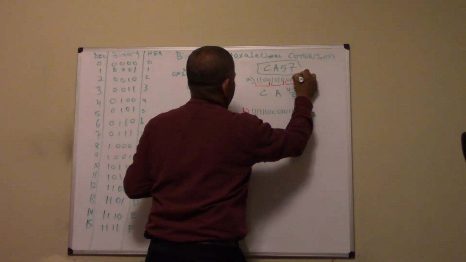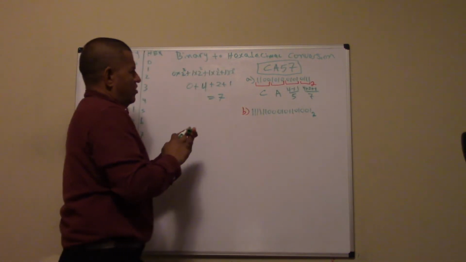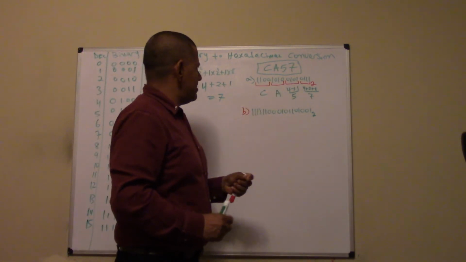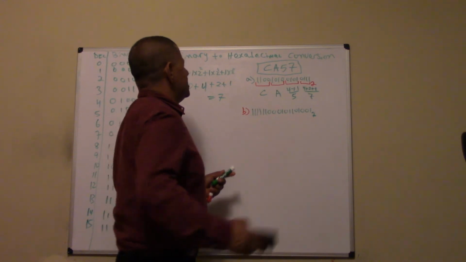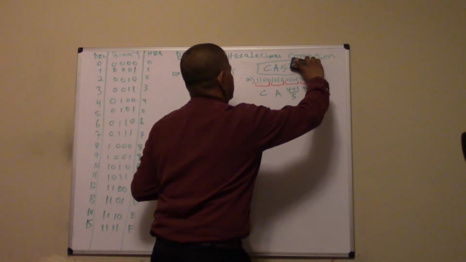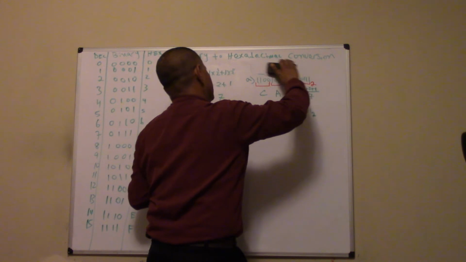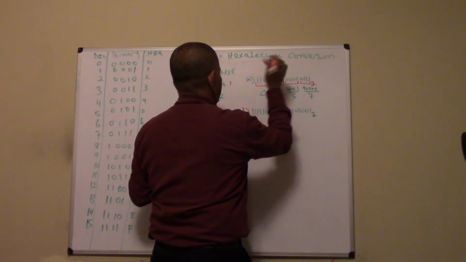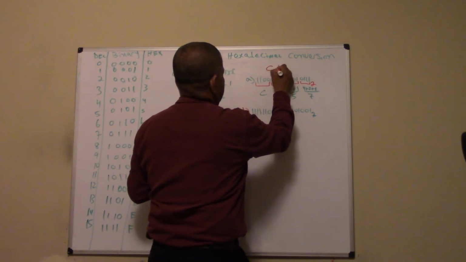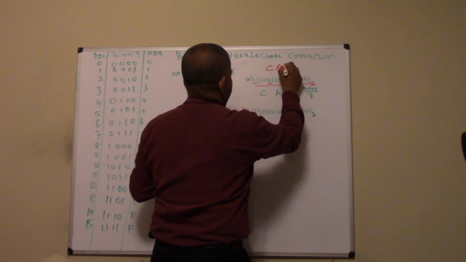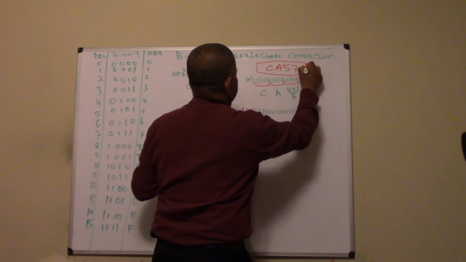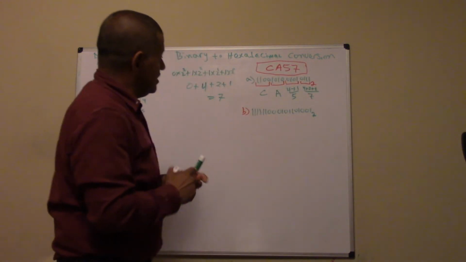Okay, so now look at the answer. It looks better. I mean, it looks smaller, and that is the purpose of doing this. That is the main purpose of doing this. So, CA57. So that is the answer for that one. Okay, so let's do the next part.